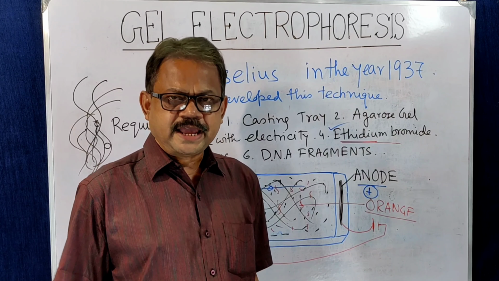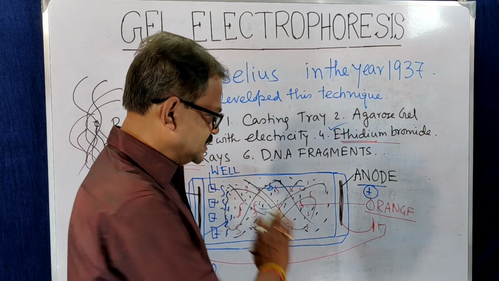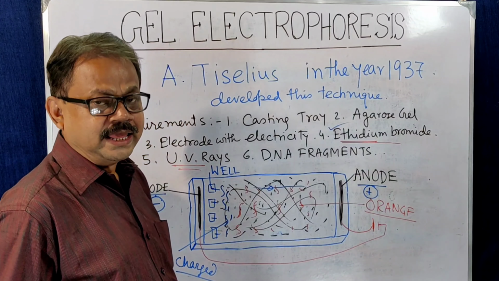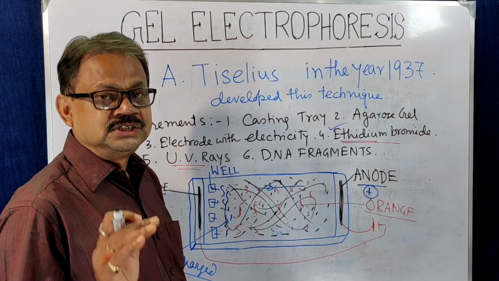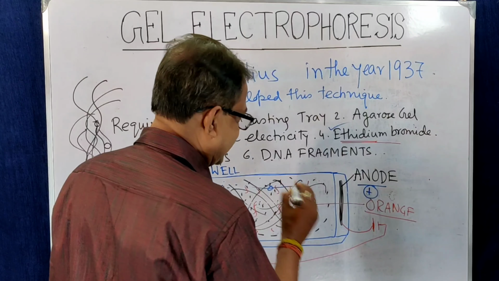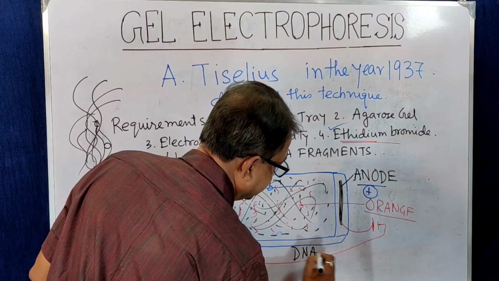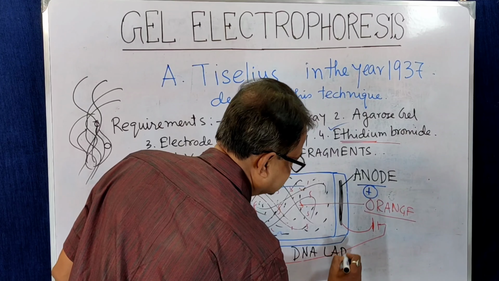After a stipulated time, when scientists come to know it is separated, this type of banding of the DNA is compared with a standard chart, that is called a DNA ladder. What is that?